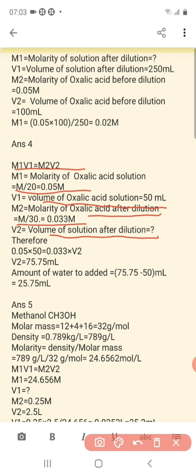Now let us solve this problem for the value of V2. On substituting the values of M1, V1 and M2, we get the volume V2 as 75.75 ml.